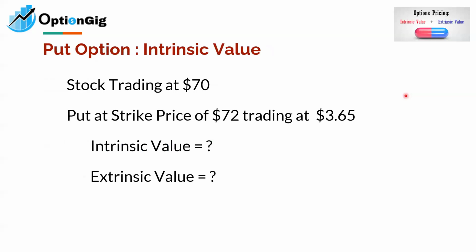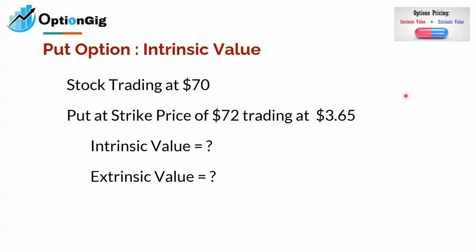Now let's look at a put option. Stock is trading at 70, put at a strike price of 72, but that is trading at $3.65. Now let's go back to our session number 1. What does the put option allow you to do if you have bought this put option? Again, from an understanding perspective, it is easy to understand if you think from an option buyer perspective. If you bought a put option at 72, what does it allow you to do?